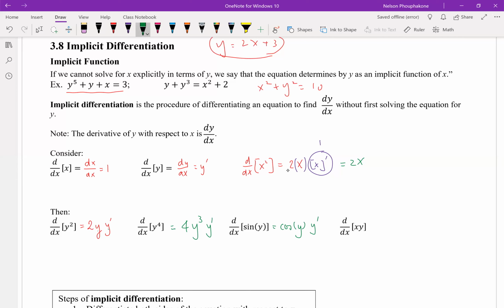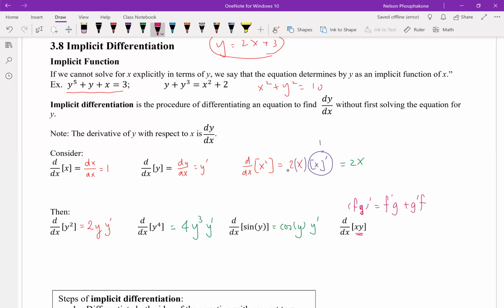Now, a lot of students make a mistake when they take the derivative of x times y. They feel that the derivative of x is 1 and the derivative of y is y prime, so the answer is y prime. However, notice that this is actually a product. So if you have x times y, you have to apply the product rule: f times g gives f prime times g plus g prime times f.